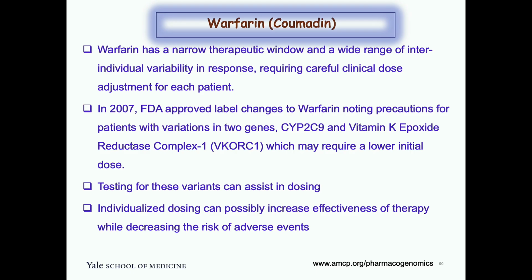So in the first example, we saw that you cannot use the drug for that patient at all in the presence of that SNP. In this case, you need to lower the dose.